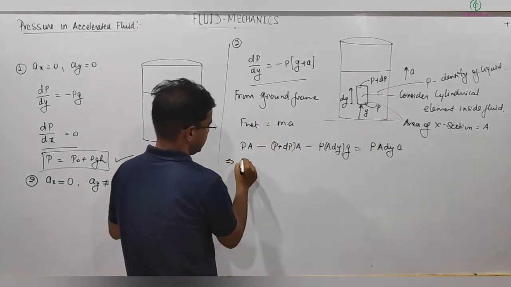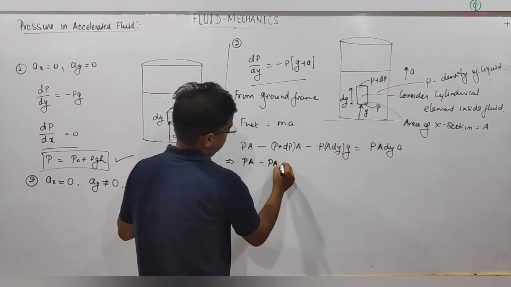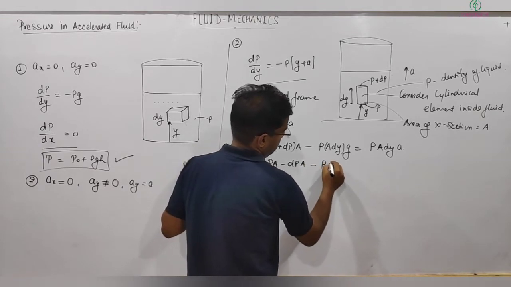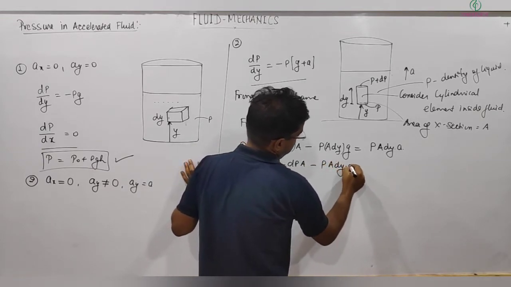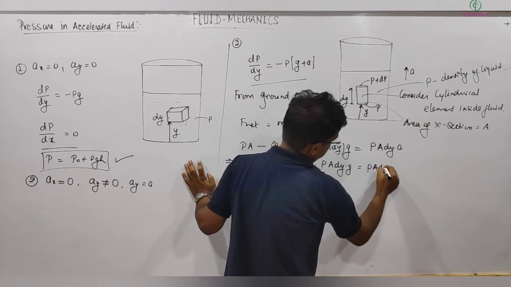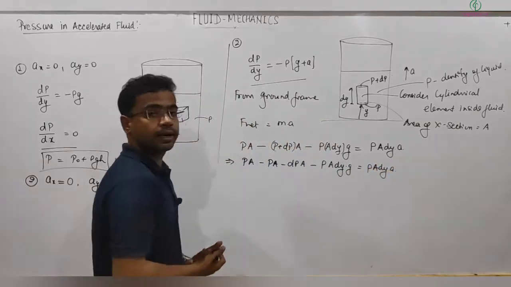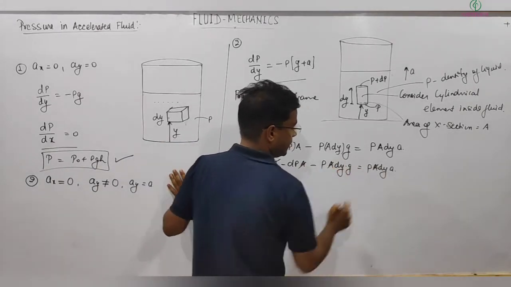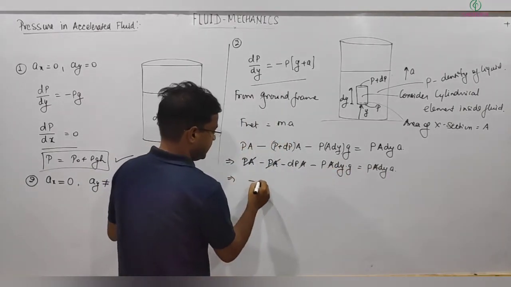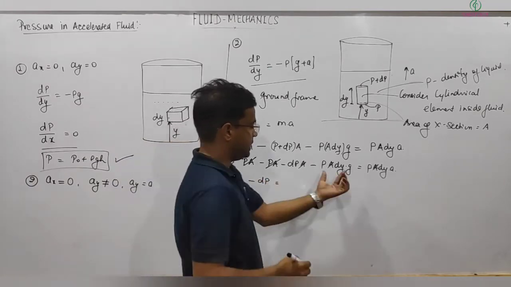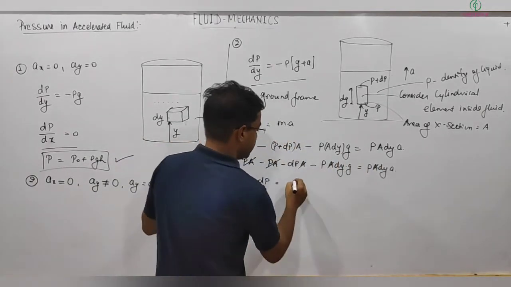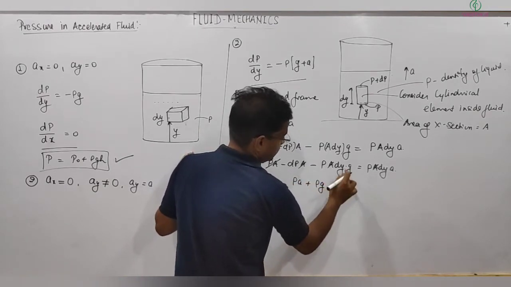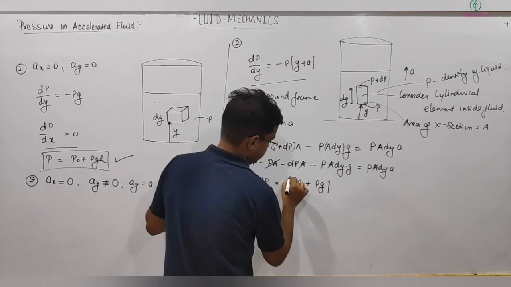Simplifying it further, this is PA minus (P plus dP) into A minus rho A dy g equals rho A dy into a. Clear? This P A cancelled out, A also cancelled out. We are left with minus of dP. Let me send this term this side. So we are left with rho a plus rho into g, and dy will also be there, taking dy common.